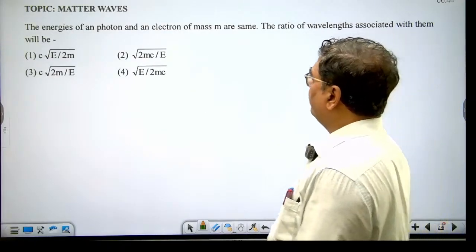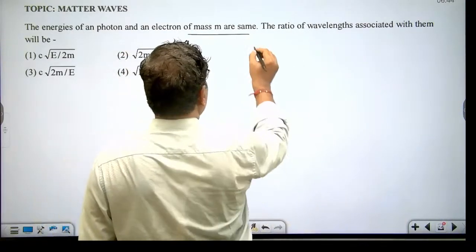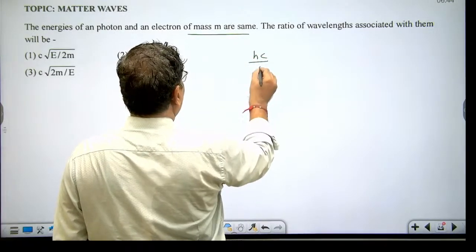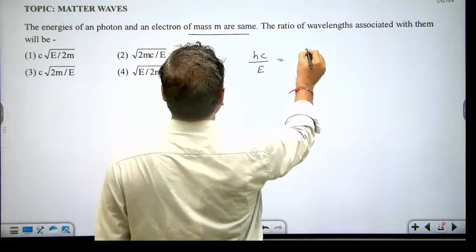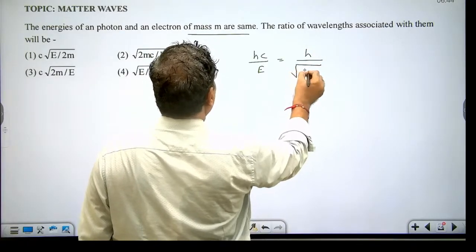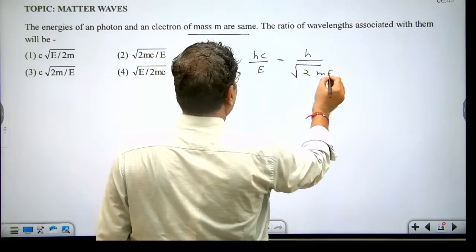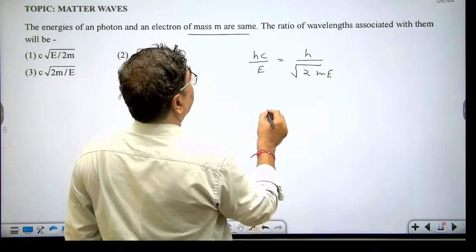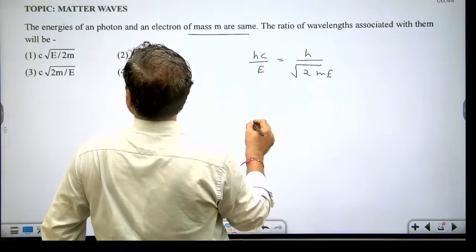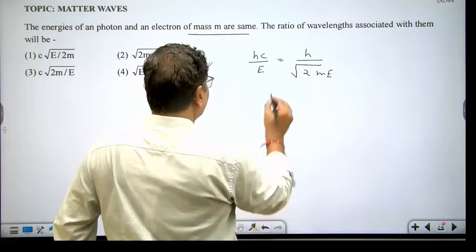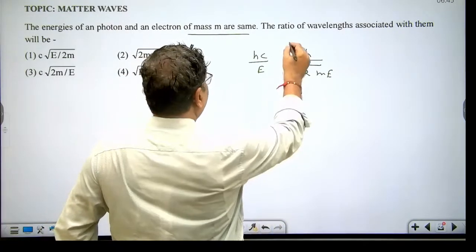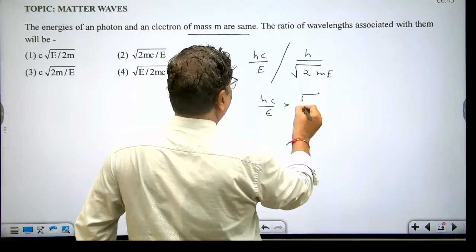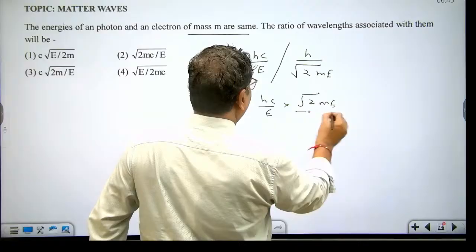The energies of a photon and an electron of mass m are the same. The ratio of de Broglie wavelength. For the photon, lambda photon equals hc upon E. Lambda electron equals h upon under root 2mE. Energy is given same. So the ratio of de Broglie wavelengths is hc upon E into under root 2mE upon h.